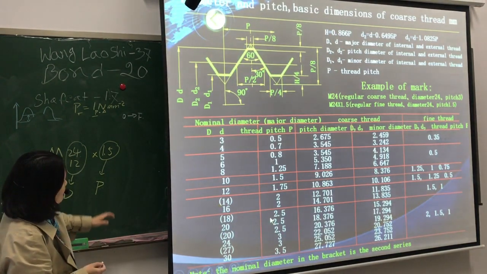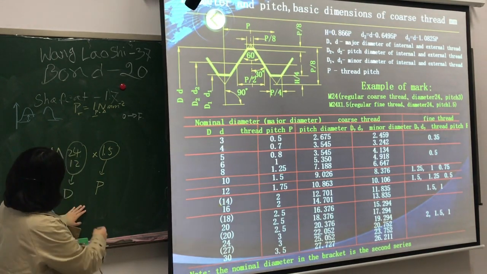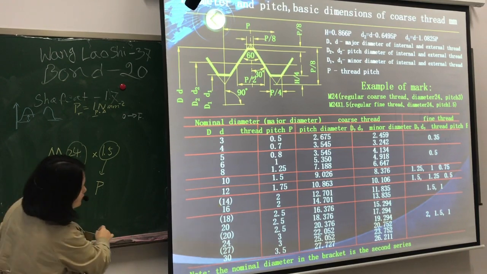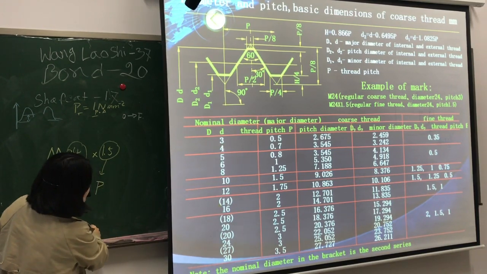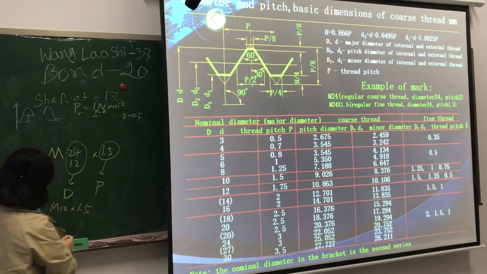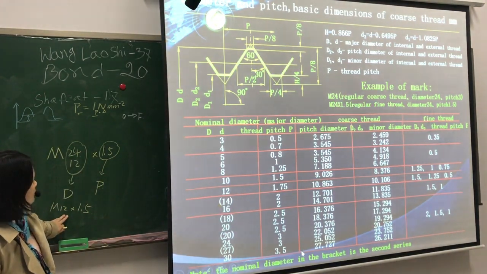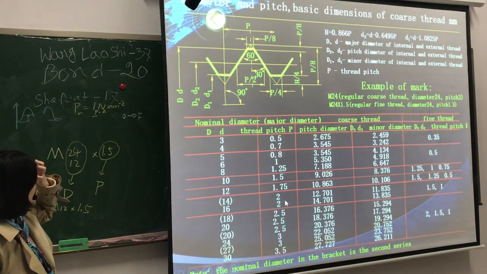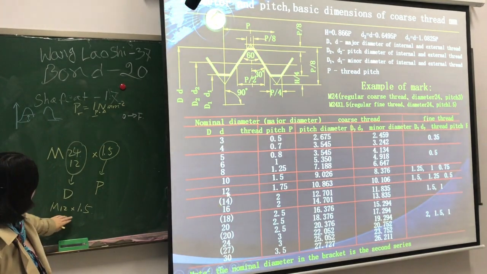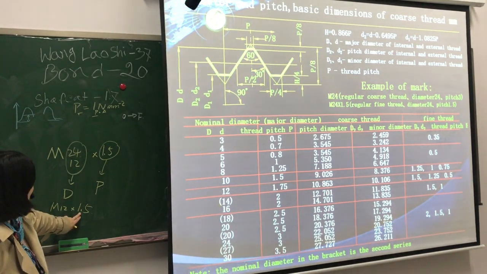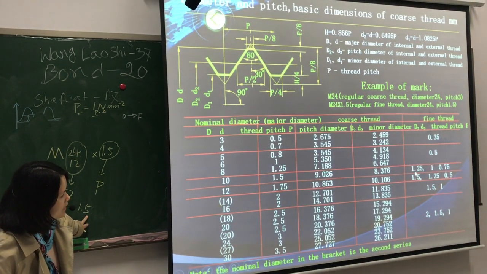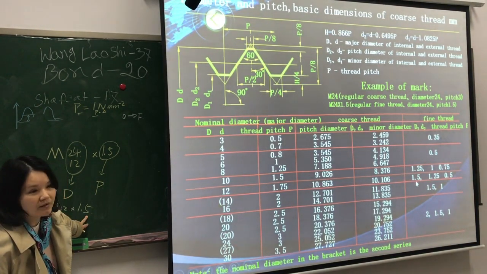For example, M12 means the major diameter is 12 and the pitch is 1.5, and it's a fine thread.